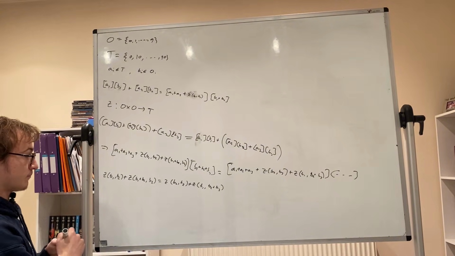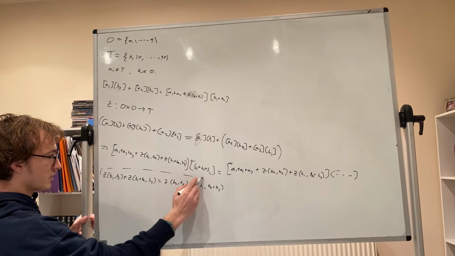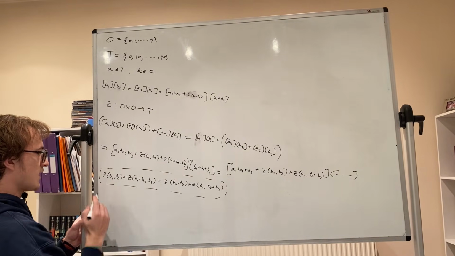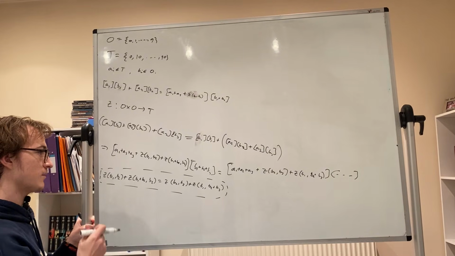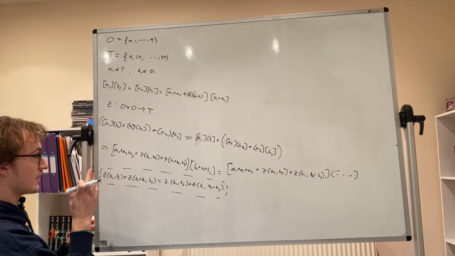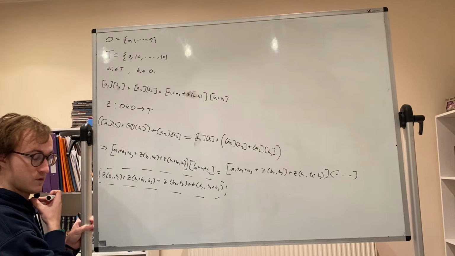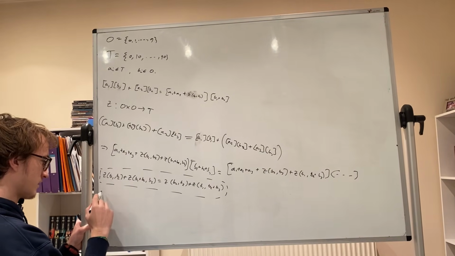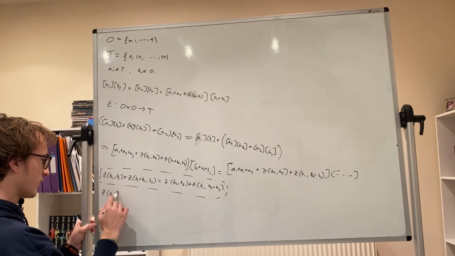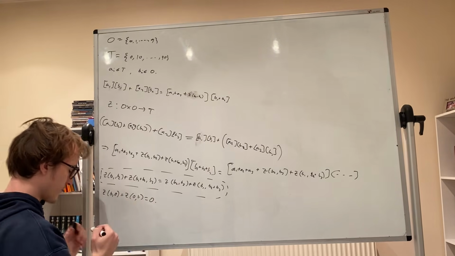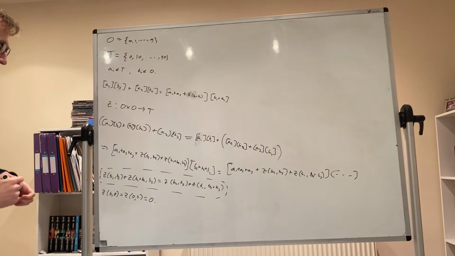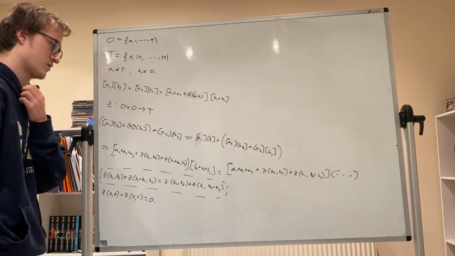So this is the cocycle condition, and we also require some normalization for the identity element to be a thing. We require that Z of B0 equals Z of 0B equals 0, like so, for any B in the ones.